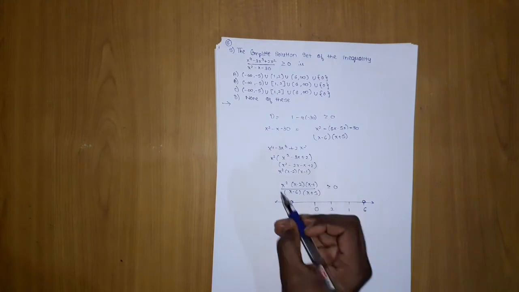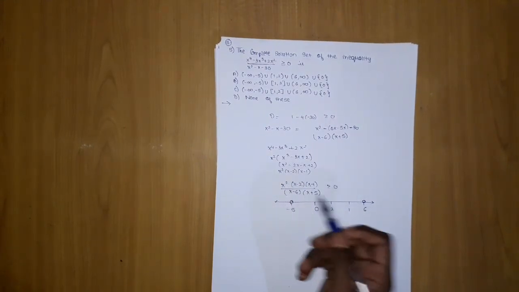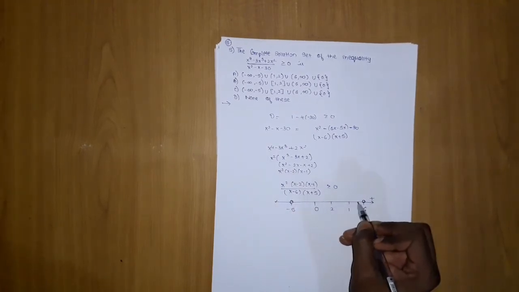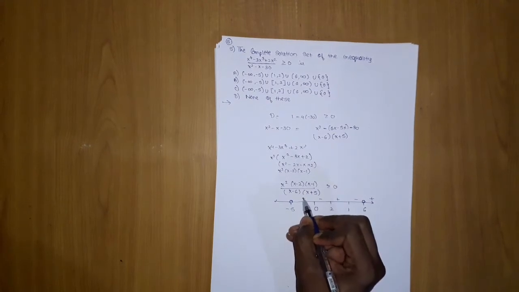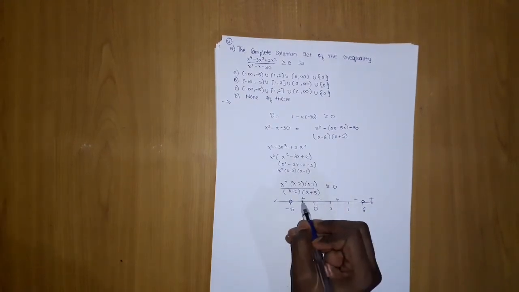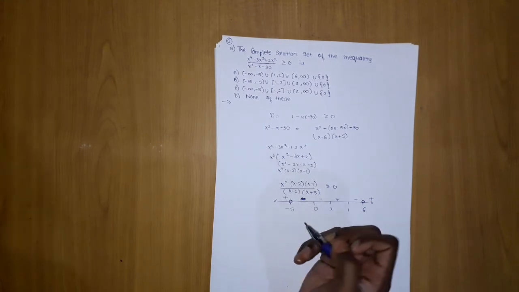Now it has an even power, so we will be careful while solving the inequality. Positive, negative, positive, negative, positive. Wait, here it is an even power, so the sign will stay negative. Now here it will be positive.